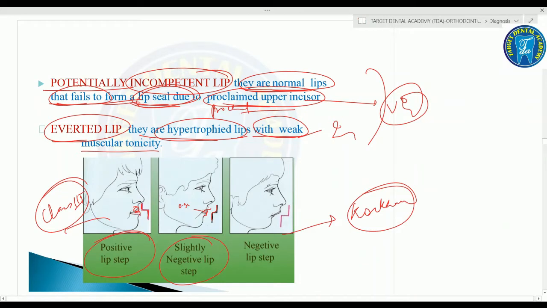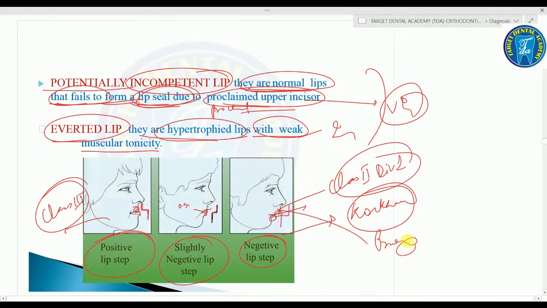Fine. And next is the negative lip step, in which the upper lip is far more forwardly placed than the lower lip. So it can be seen in class 2 division 1 in case of proclined anteriors. Right? So this lip step classification was given by Korkos.